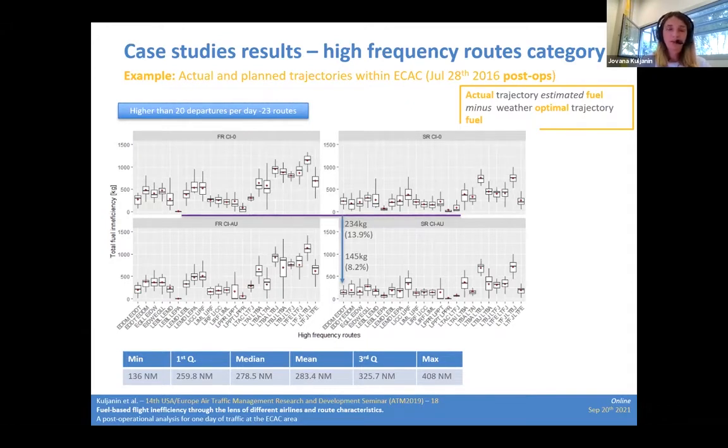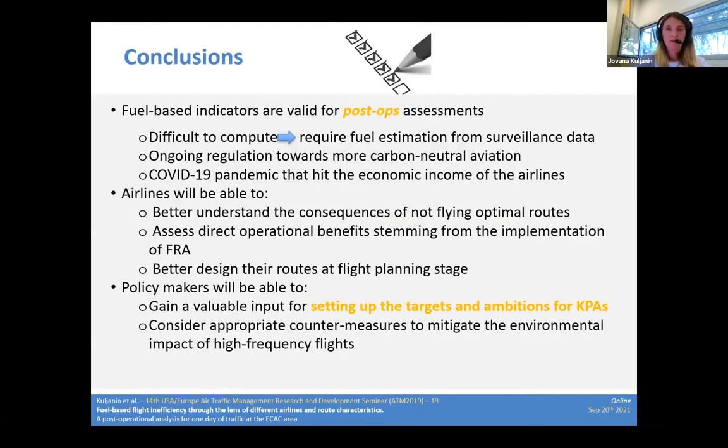But if we constrain our reference trajectory to structural route airspace and cost index corresponding to one chosen by the airline, we will have a lower fuel inefficiency of 140 kilograms, which corresponds to 8.2% in relative terms.